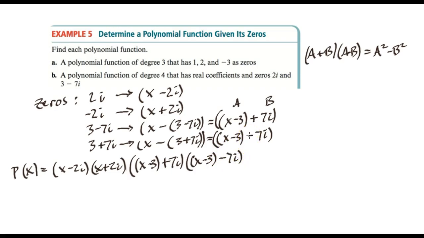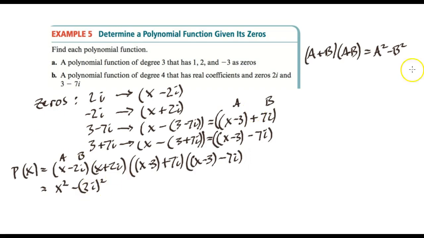Okay, so you'll see how this works out. Here's the easier example. It's kind of nice: x minus 2i and x plus 2i. When we apply this, we'll have x squared minus 2i squared, because we have a squared minus b squared. Notice that this is like our a, this is like our b.